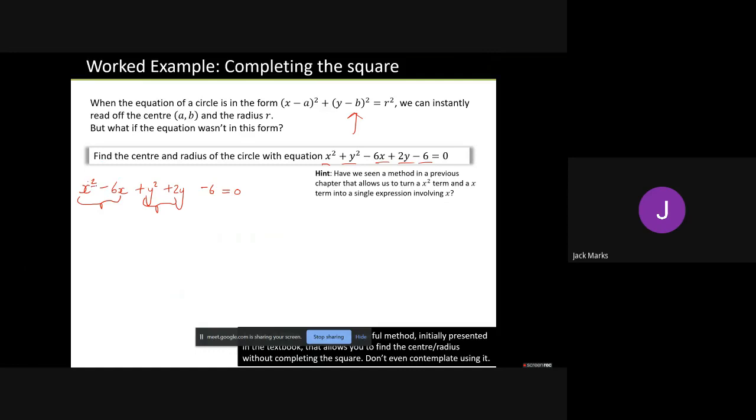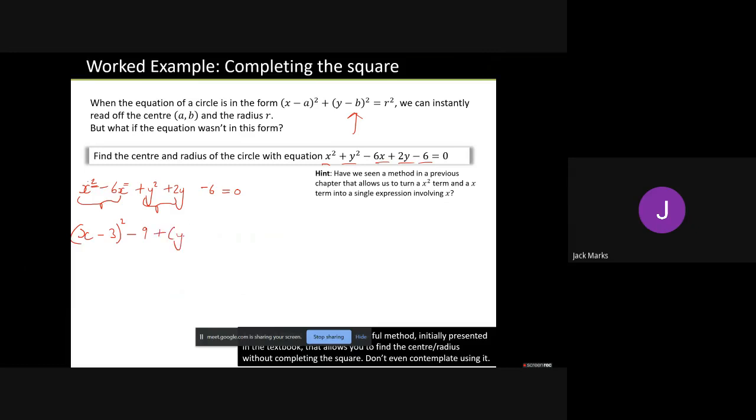Completing the square can be used when you have something to the power of 2 and something to the power of 1, and you want to put it into one bracket. So x minus 3 squared gives you x squared minus 6x, but it also creates a 9, and you don't want that. So you can just take away the 9. These will always be 1x squared. You won't get 2x squared or 3x squared in these particular questions, because that wouldn't be a circle.